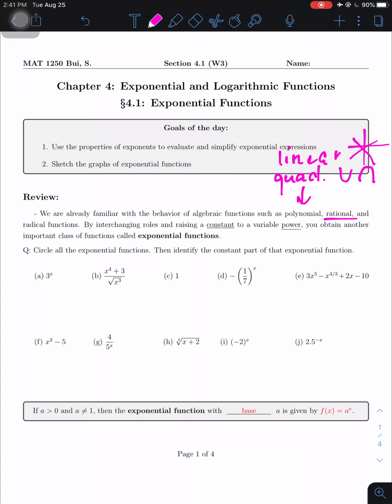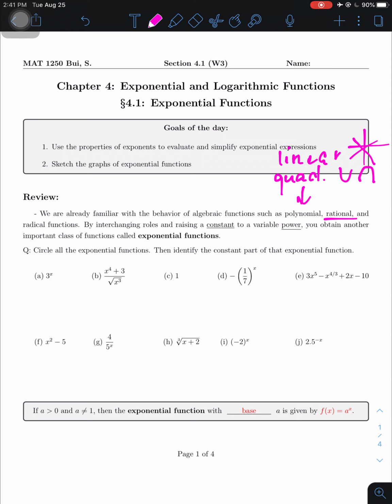And rational function, we're going to talk more about it, but if you remember back in the day, a rational function just means something that has a fraction, for example, 1 over x, or x over the square root of x squared. As long as it has a fraction with a variable on top and a variable on the bottom, it is a rational function, okay?